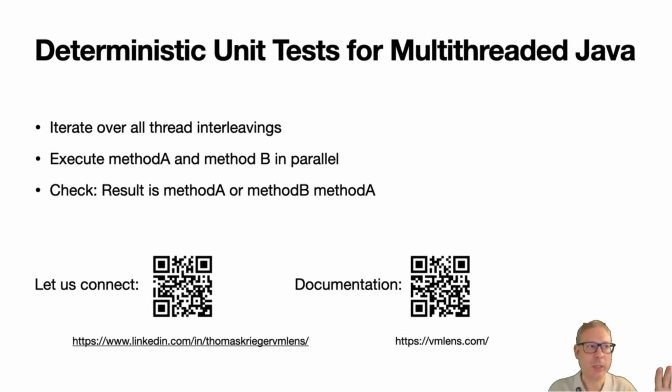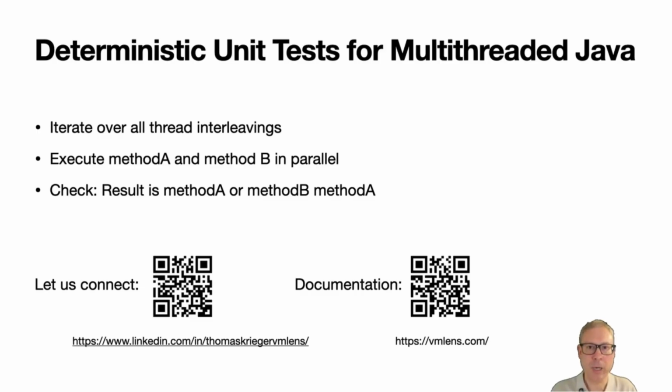We have seen how to write deterministic unit tests for multi-threaded Java. We have seen the problem with testing multi-threaded Java, that it's not deterministic, and we have seen the reasons why multi-threaded Java is not deterministic. We have seen we can solve this by iterating over all thread interleavings in a systematic way, and we have seen we need to check for data races.